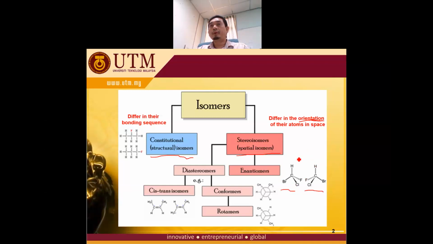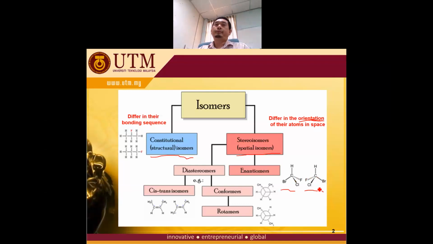If you look at them, the bonding sequence is the same. This is a carbon attached to bromine, chlorine, fluorine, and hydrogen. It is the same with this compound, also bonded to fluorine, chlorine, bromine, and hydrogen. But the orientation is different between these two.